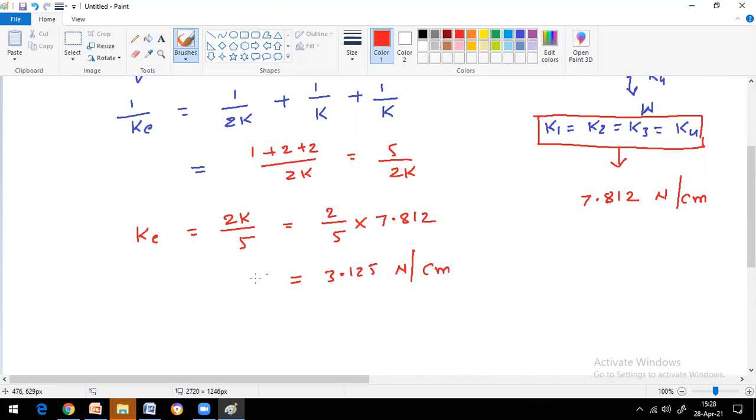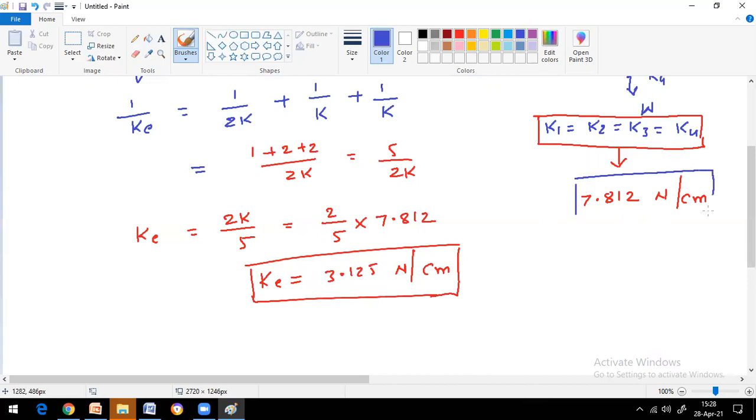What did you understand here? The stiffness of one spring is 7.812 Newton per centimeter, and the stiffness of the equivalent spring is 3.125 Newton per centimeter.